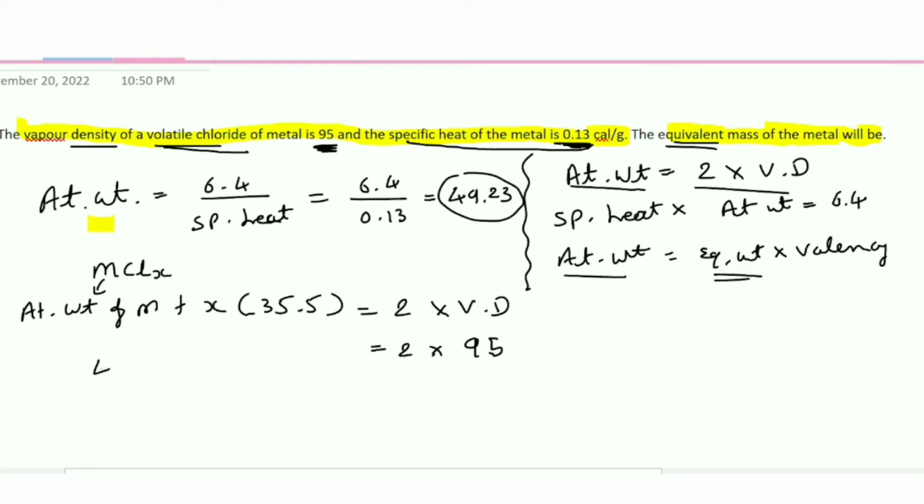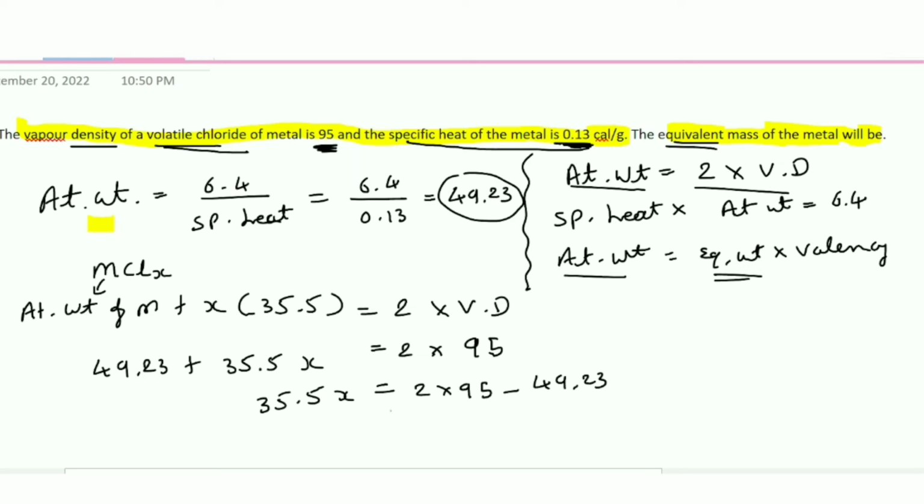So we can write 49.23 plus 35.5x. Okay, so we can solve this: 35.5x is equal to 2 into 95 minus 49.23.